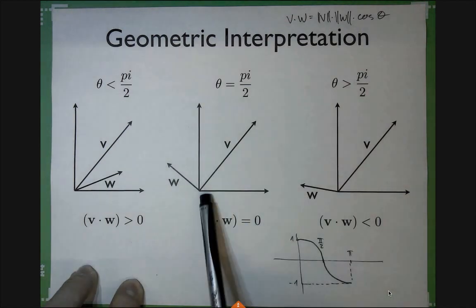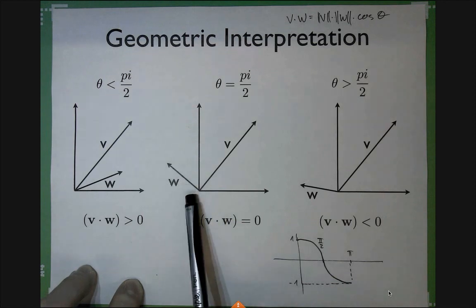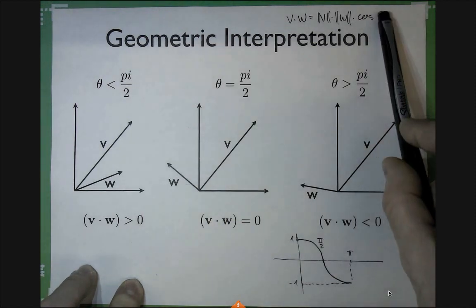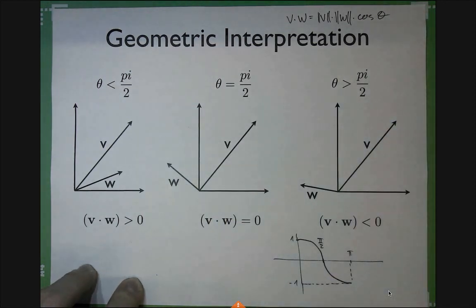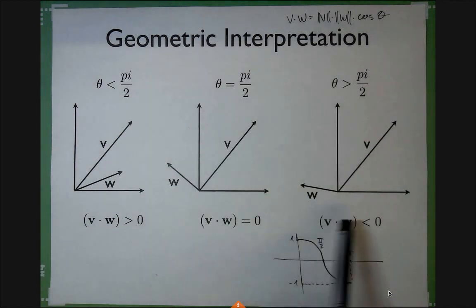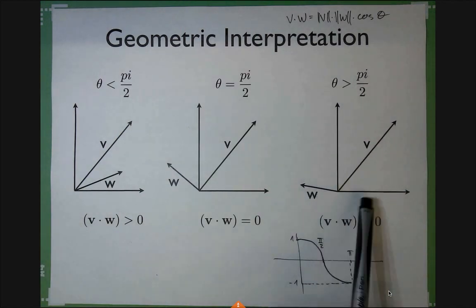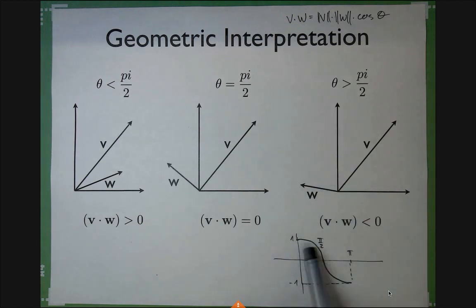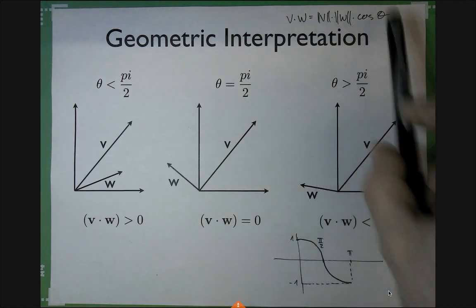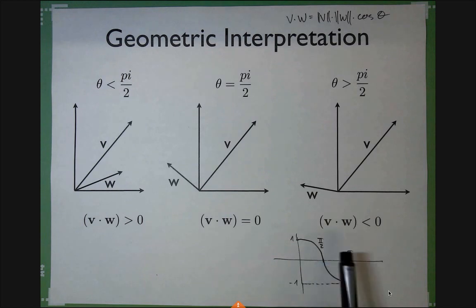If the dot product is exactly 0, that's the special case where this theta is exactly how much? 90 degrees. And the last case, if the dot product is negative, it means that the theta must be more than 90 degrees. It's between 90 and 180 degrees. Slightly tricky question, can I go beyond 180 degrees?